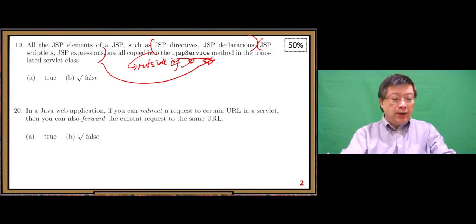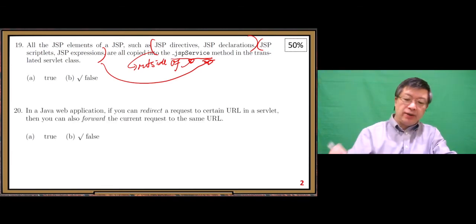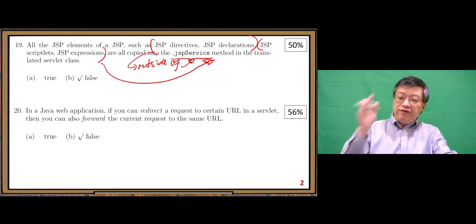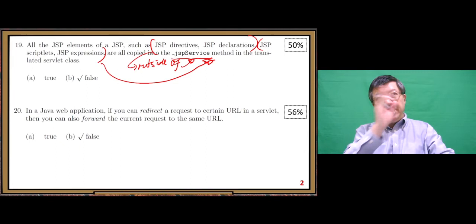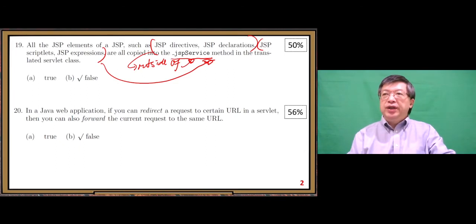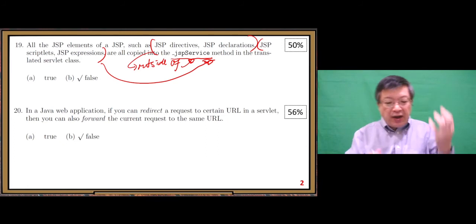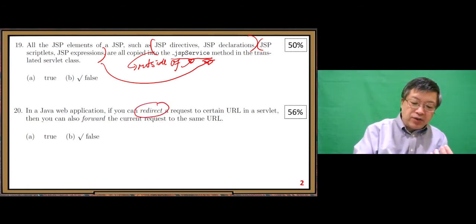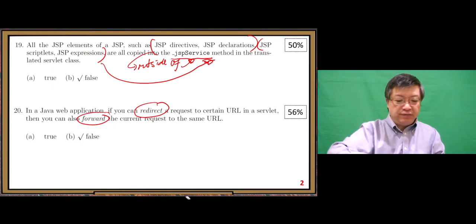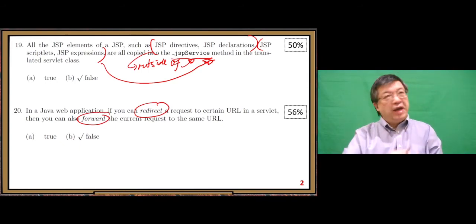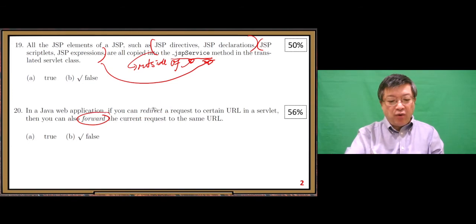All right. Number 20. Miss rate 56%, very high. Here, we need to use our understanding of these two concepts, redirect and forward. That difference is very important.